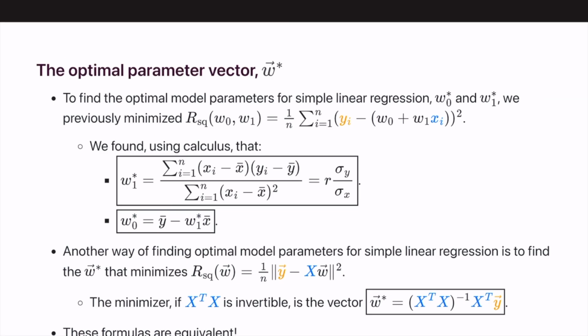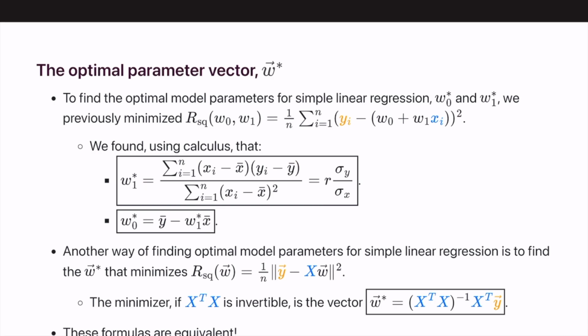We see the optimal parameter vector W, and specifically, this is how we used to define our mean squared error. To determine this for the case of one intercept and one slope, we had to calculate W1 and W0 in a very lengthy process, where we would set the partial derivatives equal to 0, then calculate, and that would get us our W1 star and W0 star.